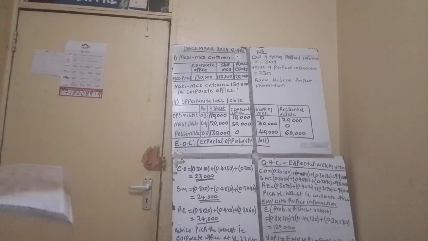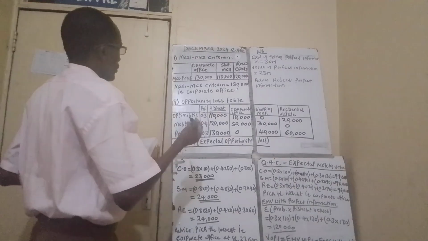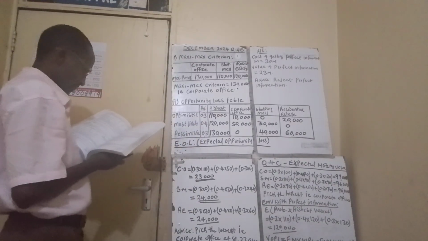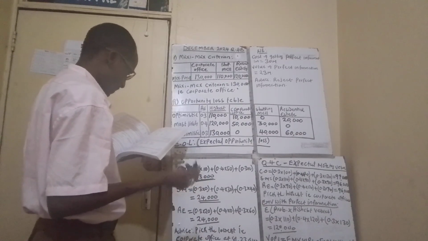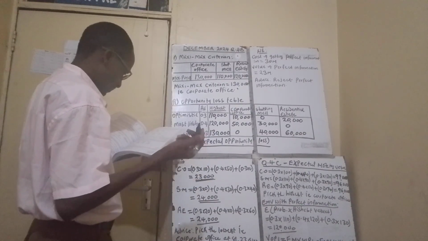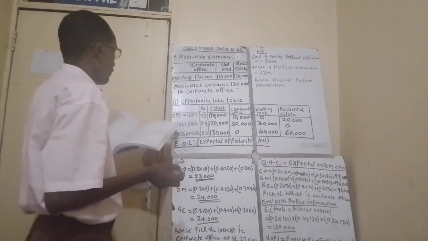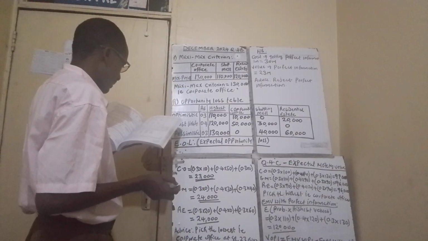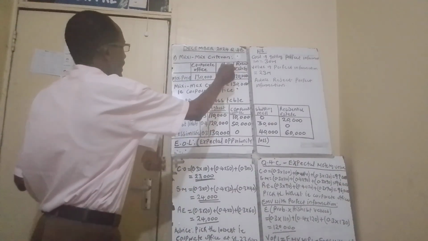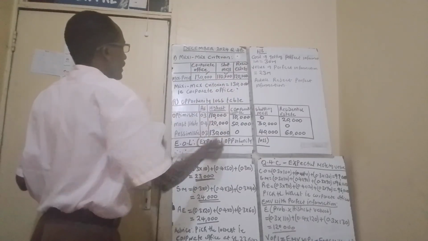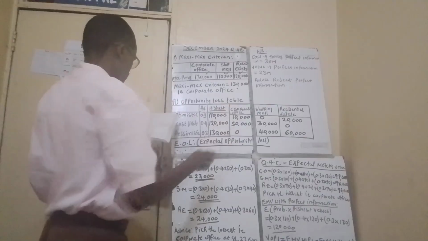You picked 130 for corporate office, 110 for shopping mall, and for residential estate the highest number there is 120.